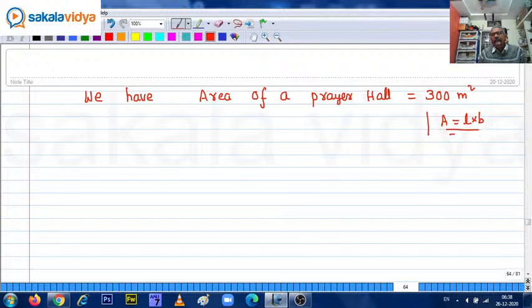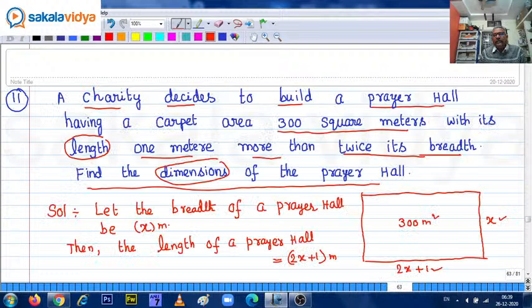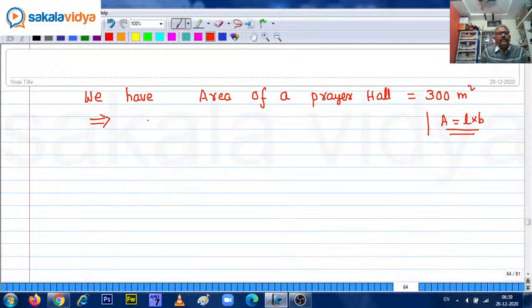So the area of the prayer hall we can write as 2x plus 1 times x equal to 300. Okay, now let us solve it.